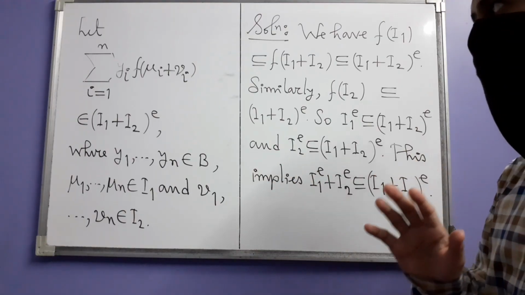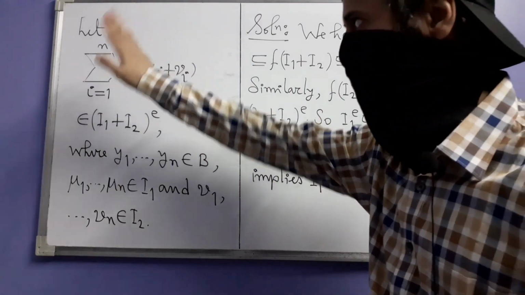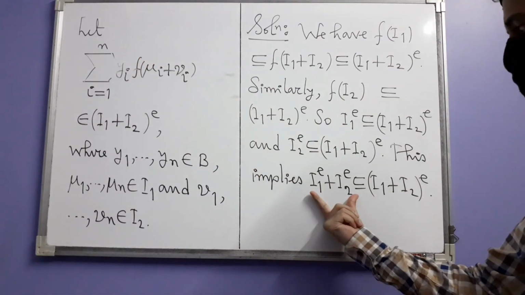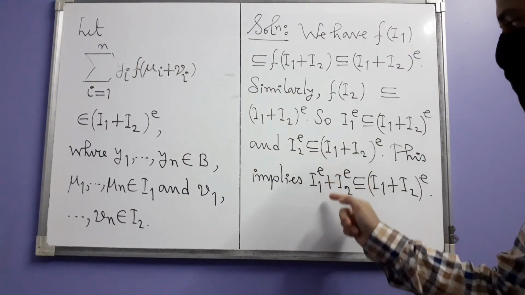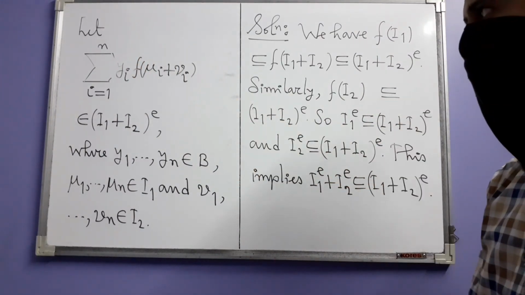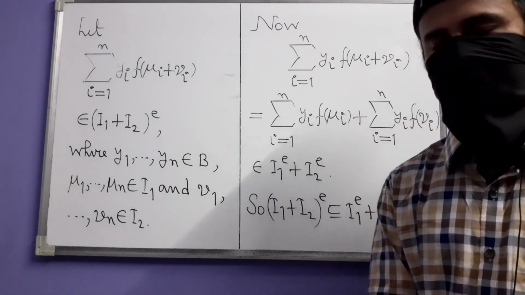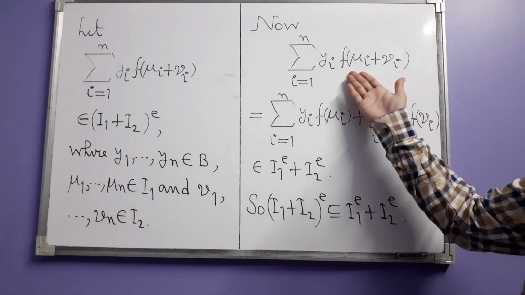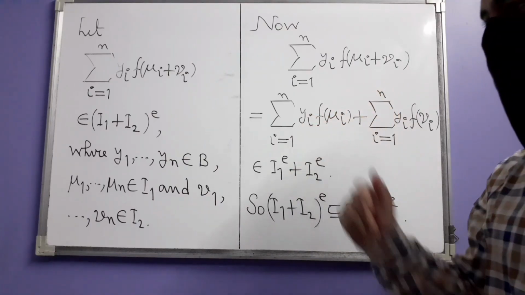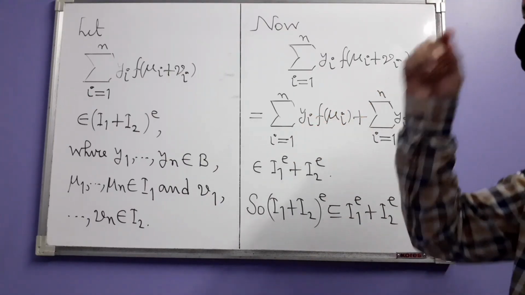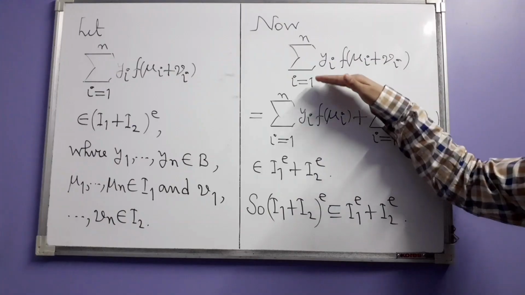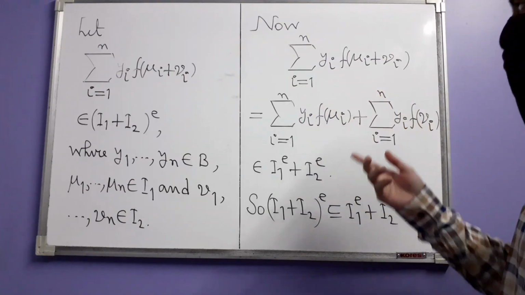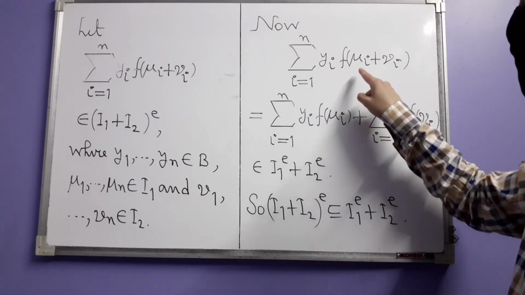So what is our aim now? We now want to show that this thing belongs to this sum, I1 extension plus I2 extension. And that is absolutely straightforward. So we start with this element and then apply the ring laws to this sum. I have skipped, I think, 2 or 3 steps.